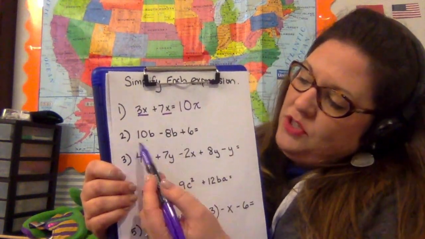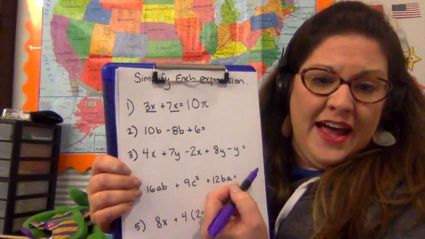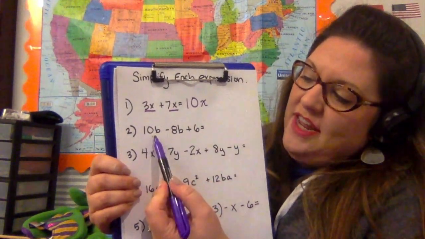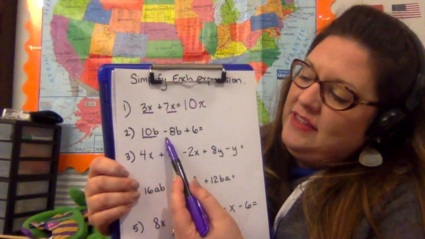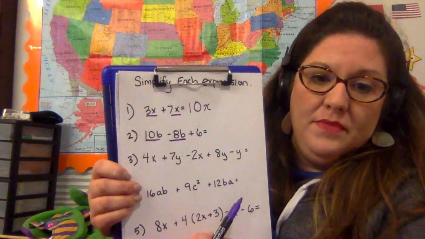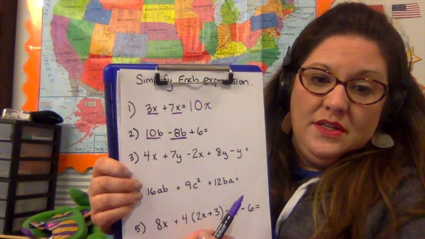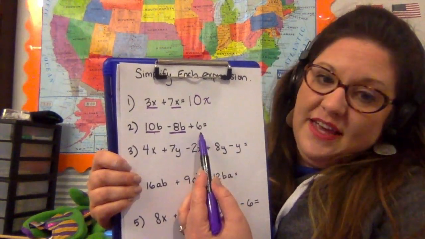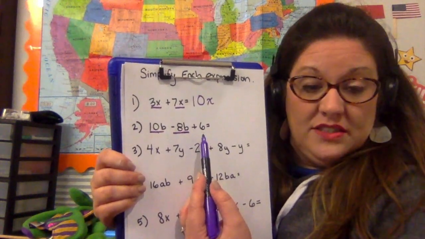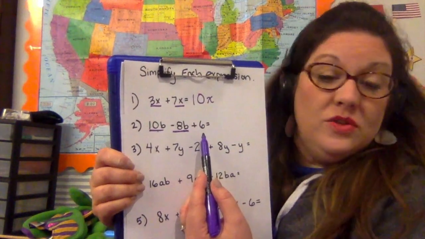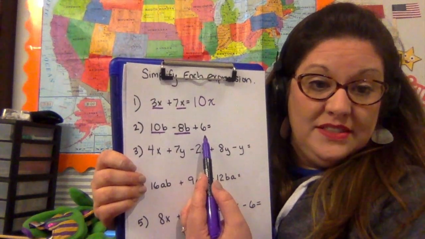All right, let's look at number 2. Let's find our like terms. We have 10b and we have minus 8b. Those are like terms. We also have a plus 6. 6 is a constant term. It's the only constant term here. We do not have anything to combine with the 6.